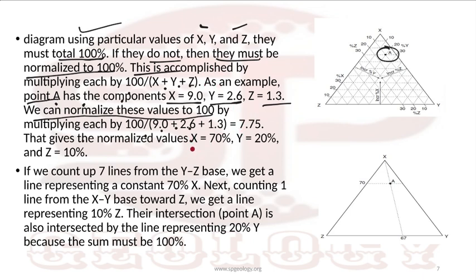If you normalize them, it will be 70%, 20% and 10%. Now these three add up to 100%, and we can represent them at point A. But we cannot represent the raw values. We have to normalize them, so we have to calculate the percentage.